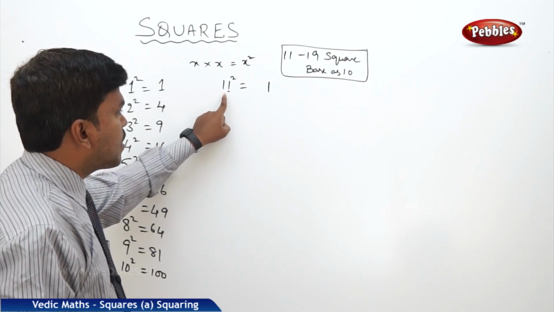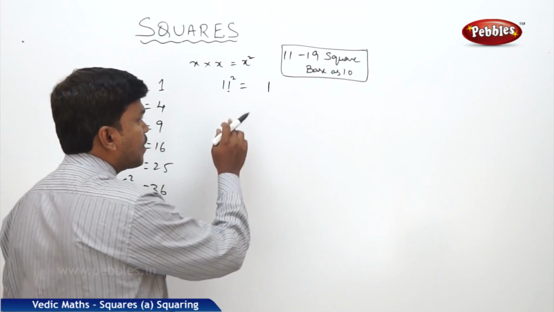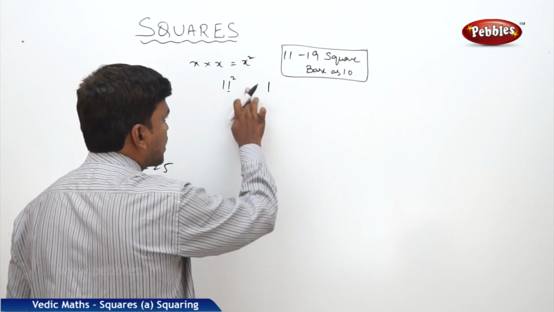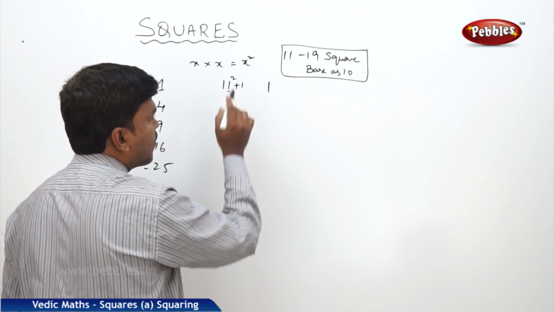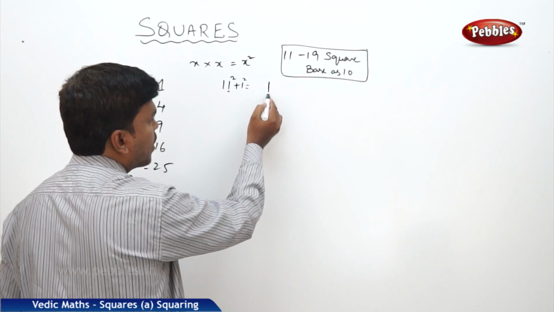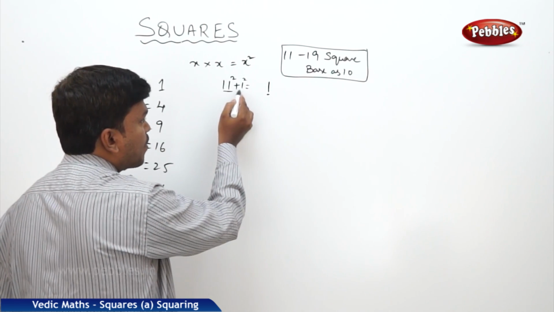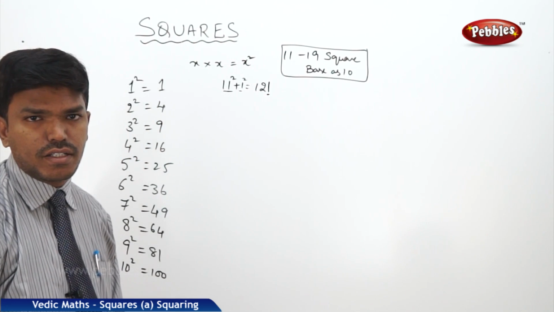Now 11 should be added with 1. 11 is 1 more than the 10, and 1 square is 1. Now what is 11 plus 1? 12. So the answer is 121.